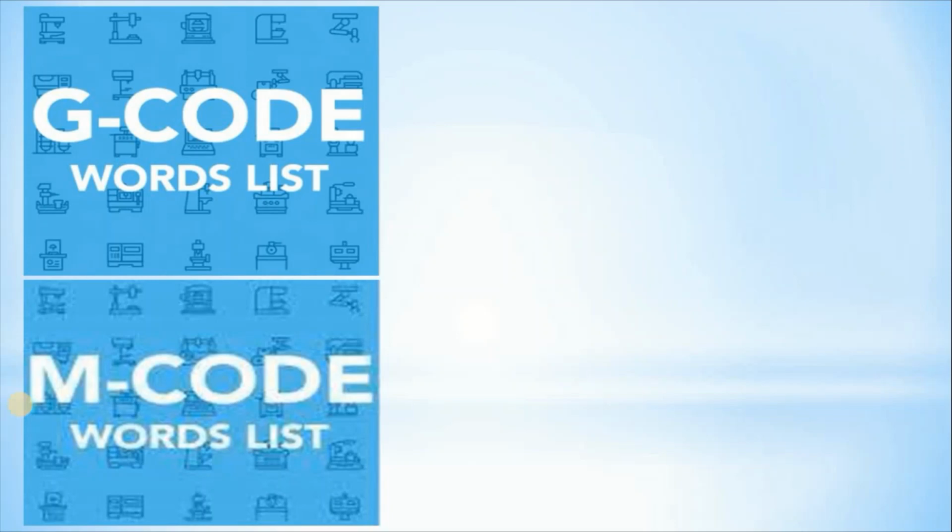A CNC program can be written with the help of G and M codes. With the help of these different G and M codes, the part program is written, which follows the correct sequence of operations.